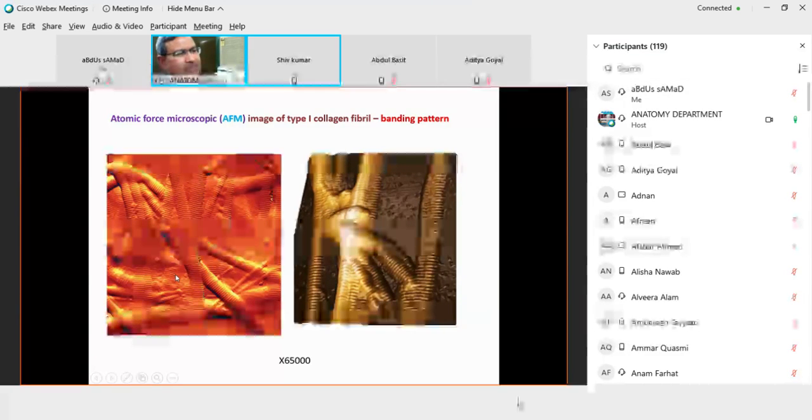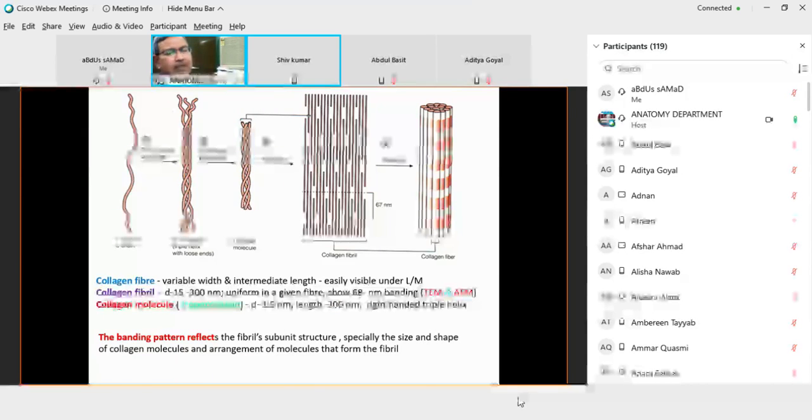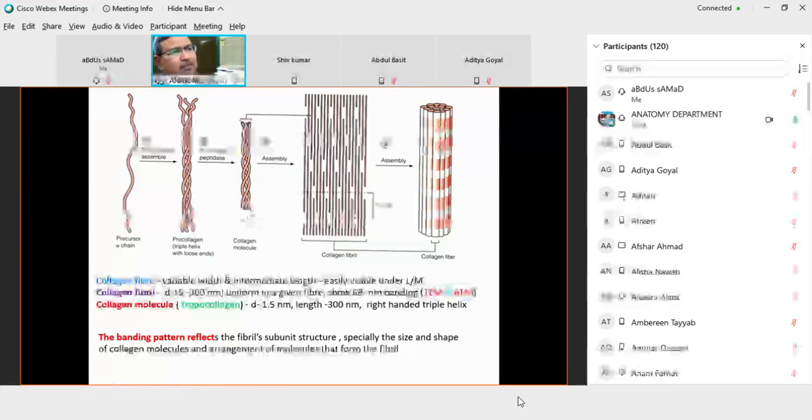And it is a surface reflection. It is not actually transmission electron microscopy, but a surface reflection, just like scanning electron microscopy, but at higher magnification. For example, here it is 65,000 times. Now, if you look at the arrangement, this is a precursor, the polypeptide, then we have 3 alpha chains, they are twisted together and the terminals removed. Then we call it the collagen molecule, tropocollagen.